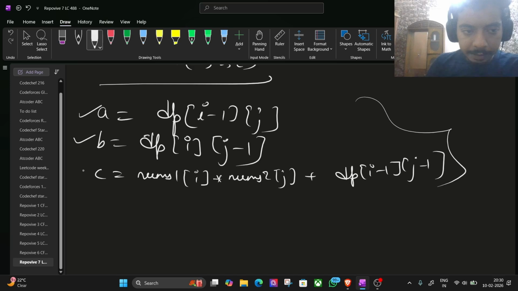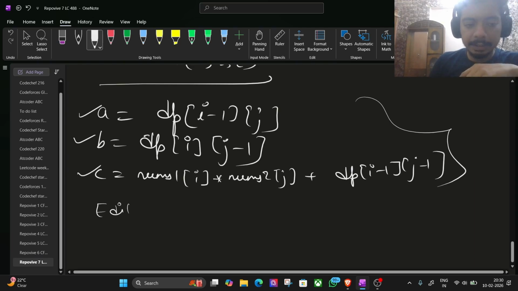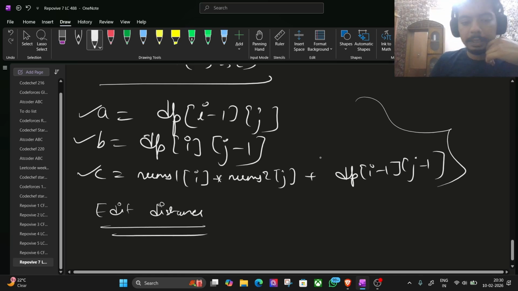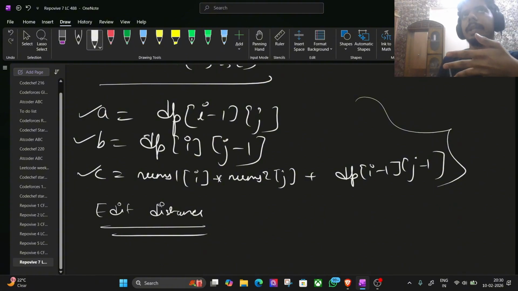Do they remind you of a problem which you have solved in dp, named edit distance? Yes or no? I guess yeah, because in that problem also we have three operations, which were insert, delete, and replace.